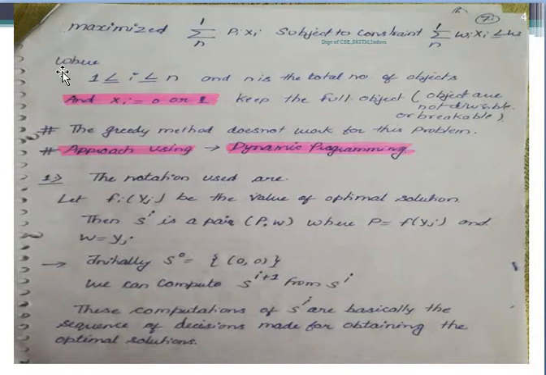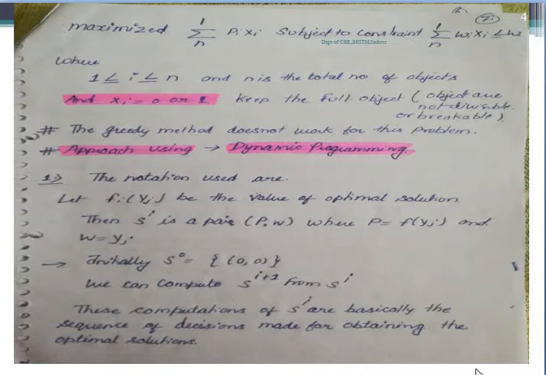This type of problem can be solved with the help of the dynamic programming approach. Just to revise, when I was discussing the greedy method, I discussed that in the knapsack problem we can take a fraction of the object also.